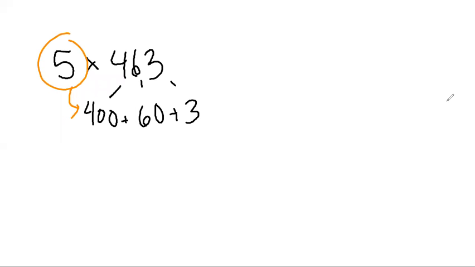Now that we have our number 463 broken up into expanded form, the next thing we're going to do is start by multiplying each number times 5. Okay? So let me rewrite this problem so it makes more sense, at least to me it does. So I have 463 times 5.